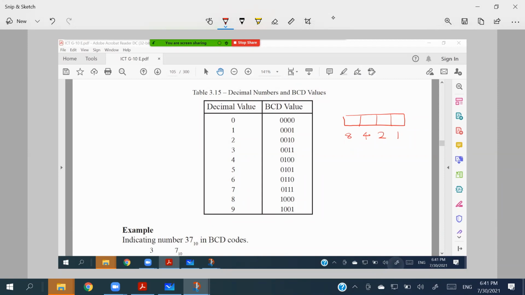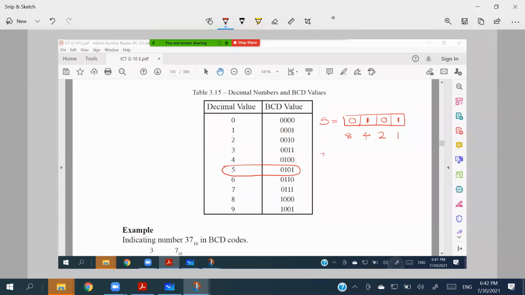Now, if you want to represent 5, how are we going to make 5 from these? One over 4 and one over 1. So 4 plus 1 will give you 5, and the rest of the places will indicate 0. That is why 5 is 0101.